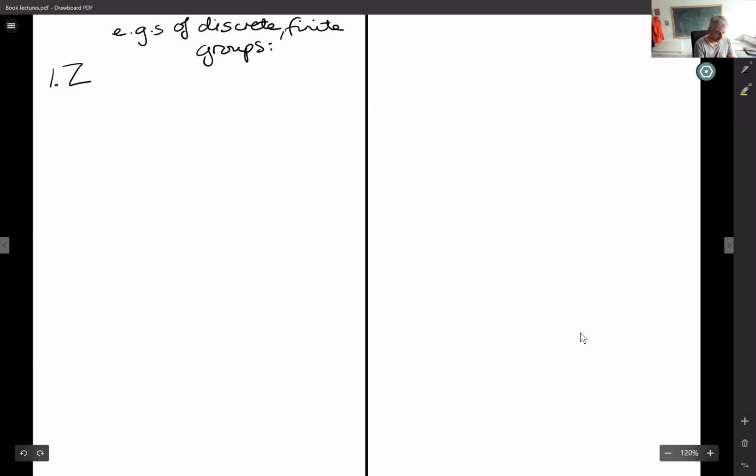This first one is Zn. So this is defined by some integers, 0, 1, up to n-1. And the group operation is addition mod n.